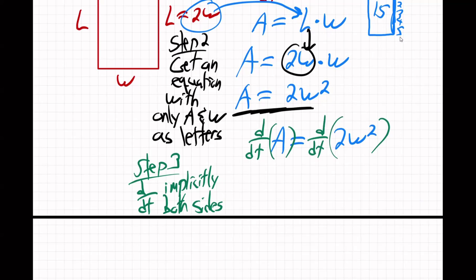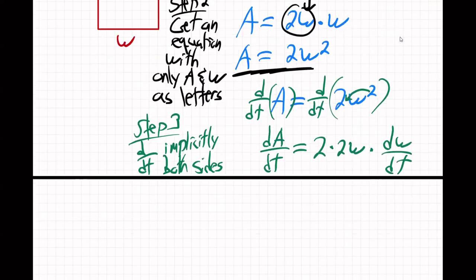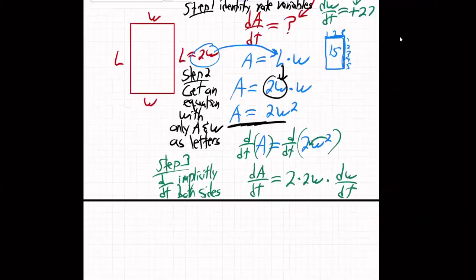And so then that becomes dA/dt equals, the 2 just sits out front. Now, what do you do with the W? Well, the other 2 comes down, W to the first power times dW/dt. Did that implicitly, right?